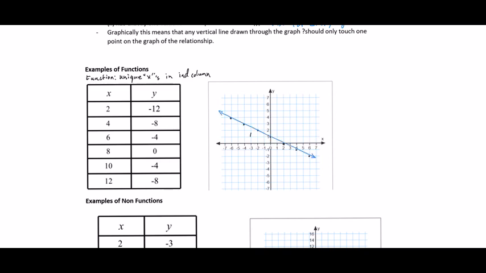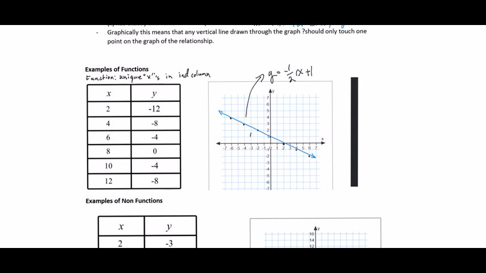This graph here has a slope of -1/2, and its y-intercept is 1. Therefore, the equation is y equals -1/2 x plus 1. Now, let's talk about this graph.